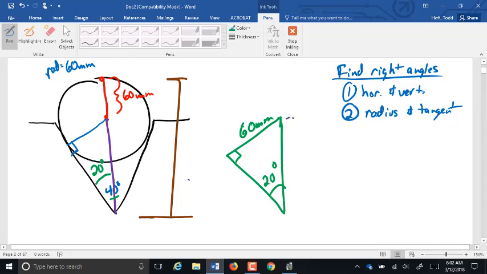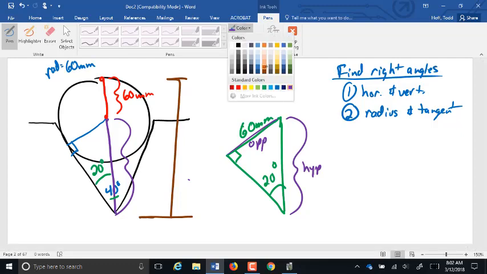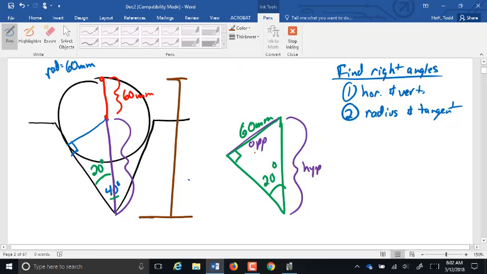We need this height. That's going to give us this piece here. What side of the triangle is that? The hypotenuse. We know which side of the triangle. The opposite. What trig function is that? Sine, opposite and hypotenuse make sine.